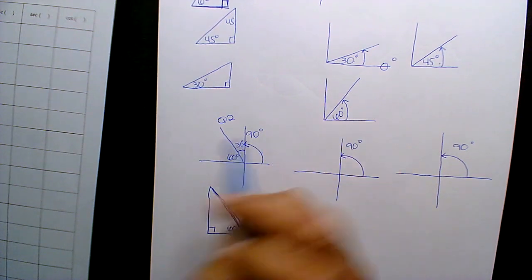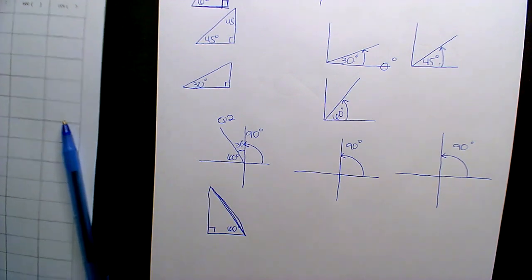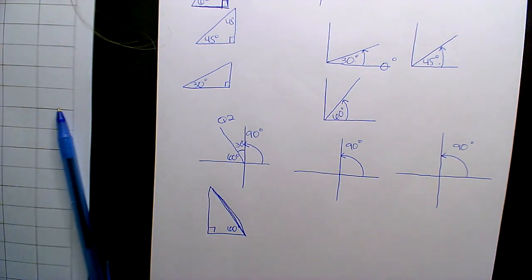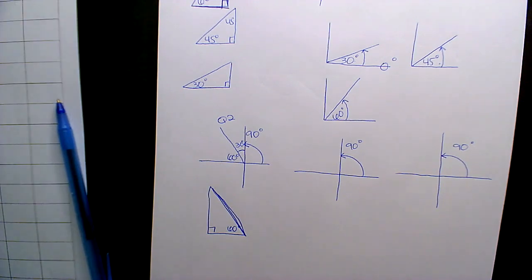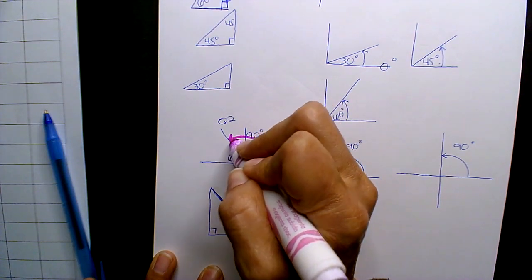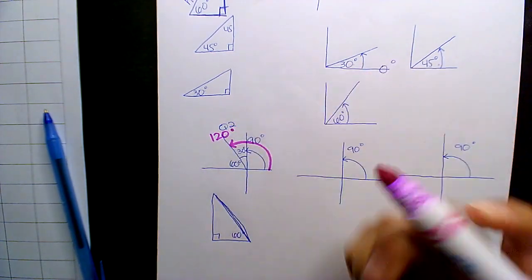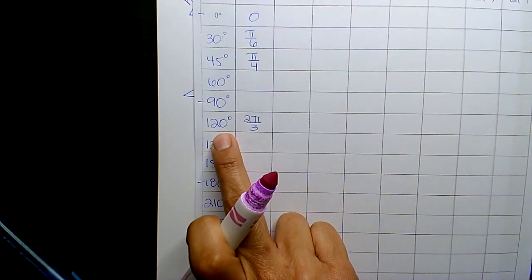And now if I want to know the exact angle in standard position, which means from 0 all the way to my terminal side, what measure is that pink? 120. And that is why after 90, your first degree is 120.